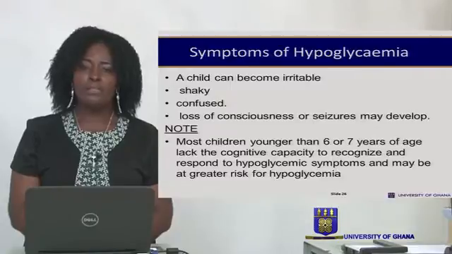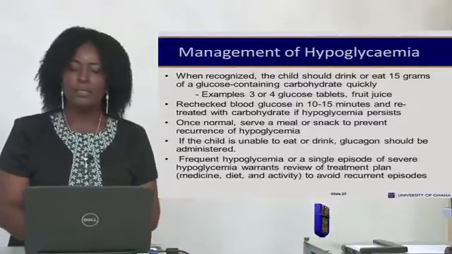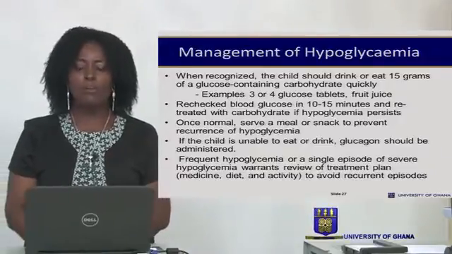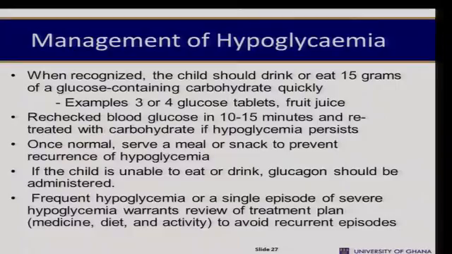It is also very important that we note that some additional signs and symptoms may be exhibited by the child. And these I have presented on the screen. The child may become irritable and shaky and more. So you can understand this. In management of hypoglycemia at home, it is important that as soon as the child exhibits any of these signs and symptoms, the child is given a glucose drink that contains up to about 15 grams of glucose.